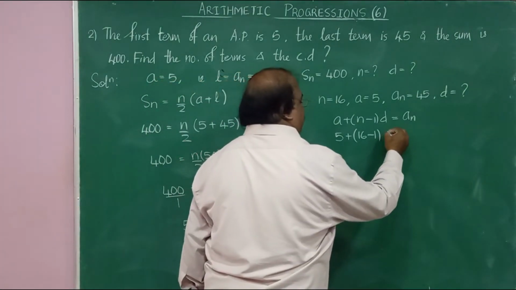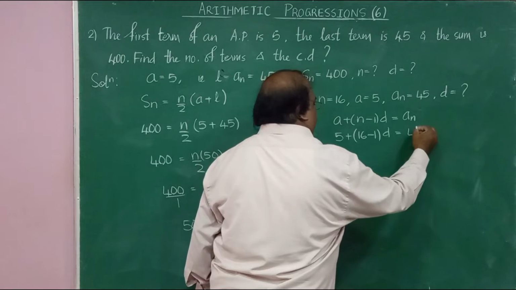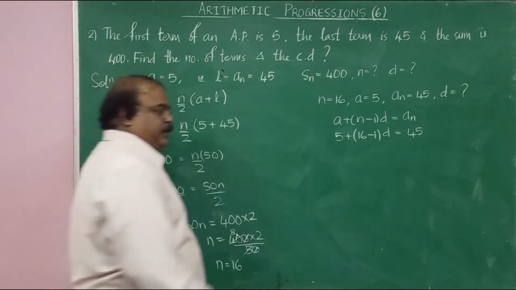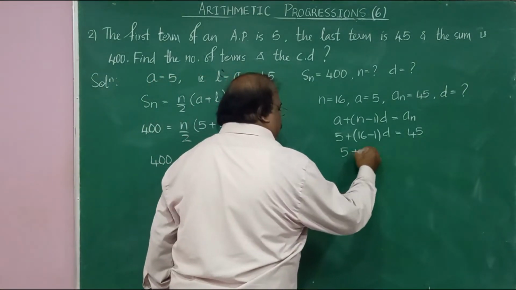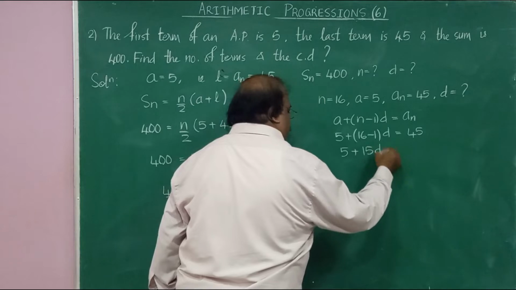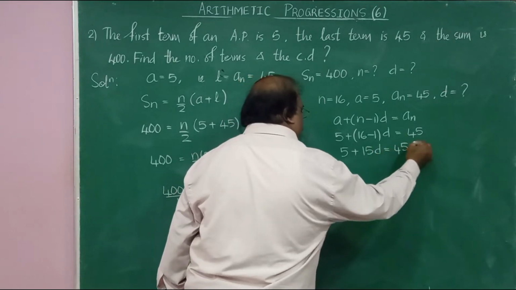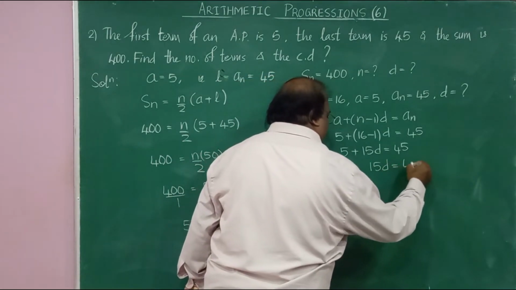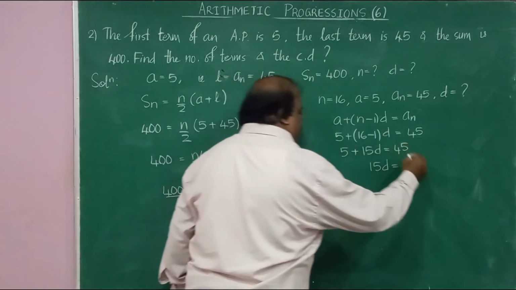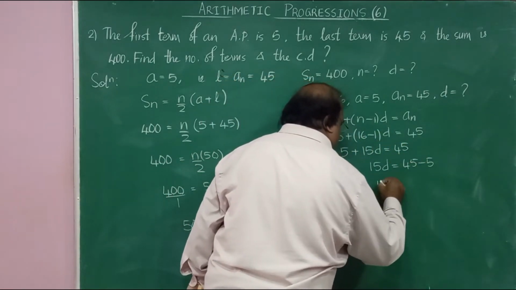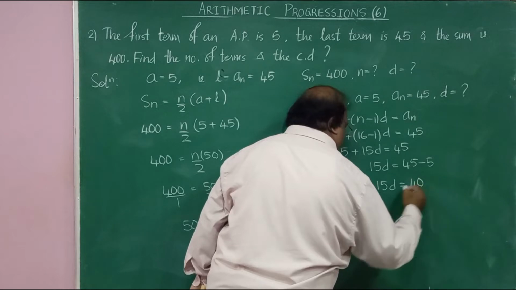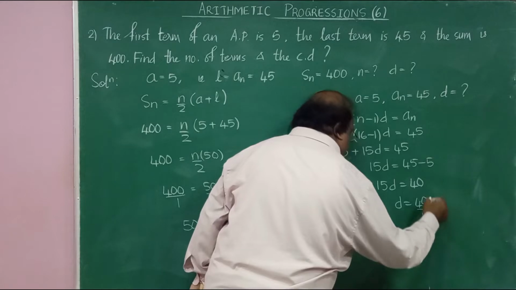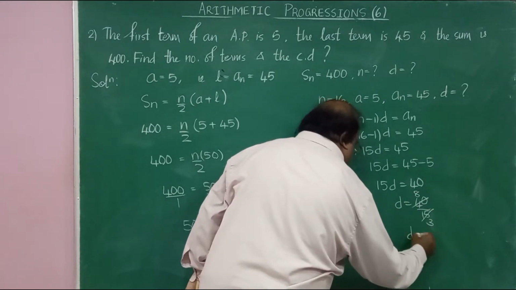So it is 16 minus 1 into d is equal to 45. So 5 plus 15d is equal to 45. So what is 15d? 45 minus 5. So you get 15d is equal to 40. So d is 40 upon 15, which is 8 upon 3.